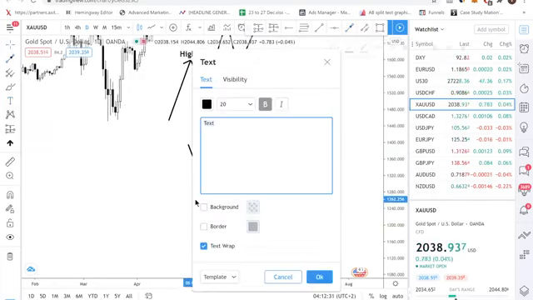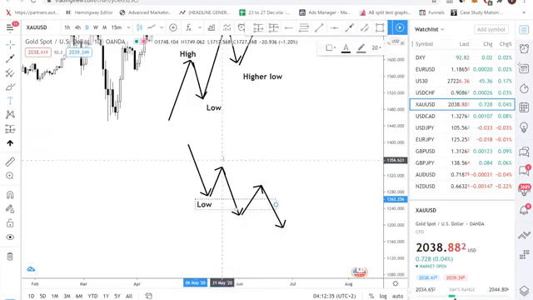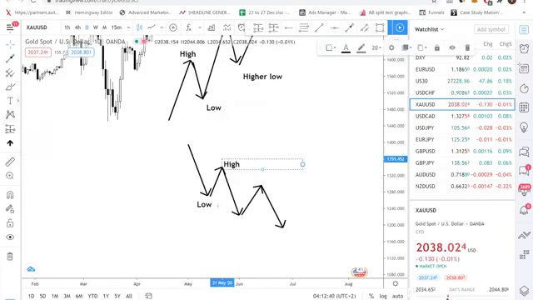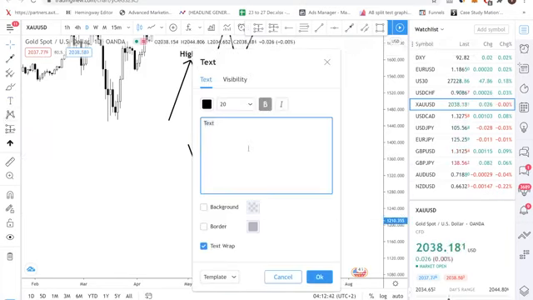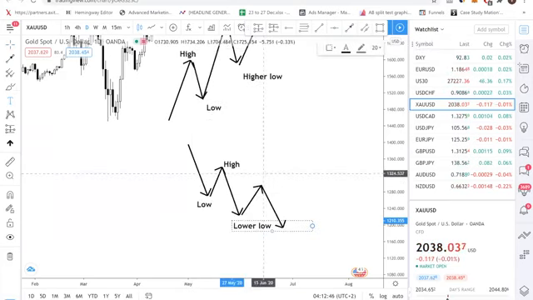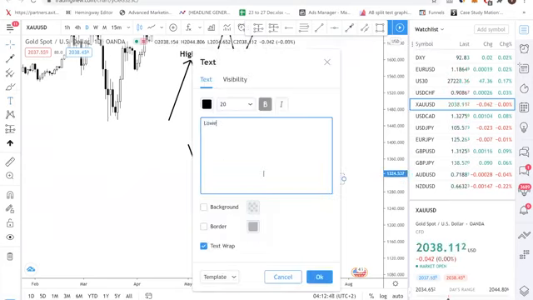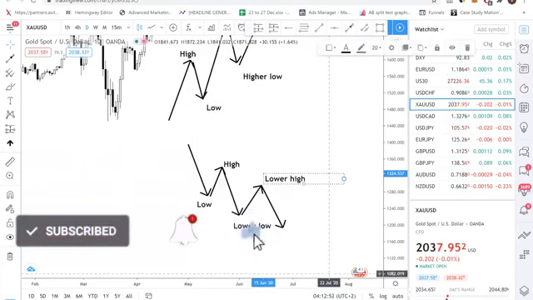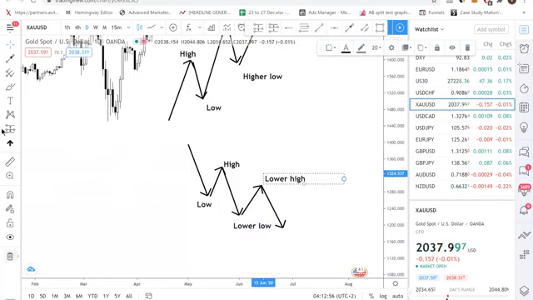This is a low, this is a high. This is a lower low. And this is a lower high. So this is really just the opposite of an uptrend. Bullish or bearish is just the opposite. So these are the first two types of market condition that you need to be able to identify.